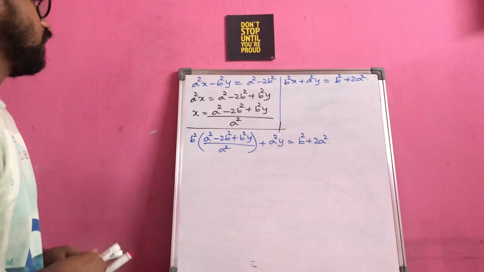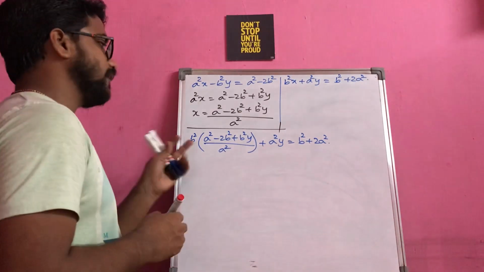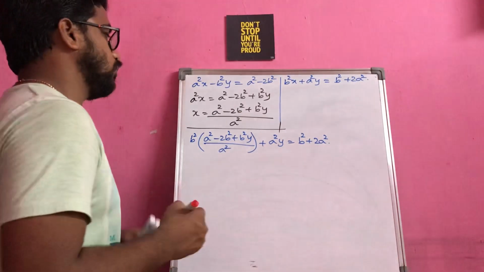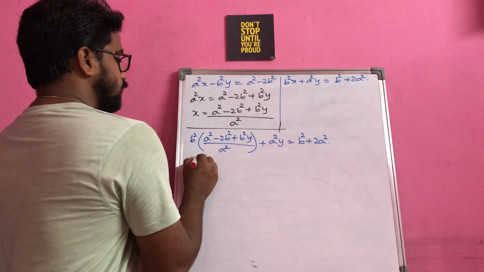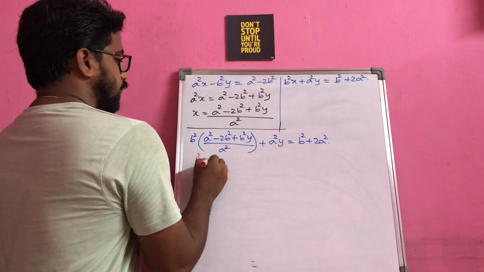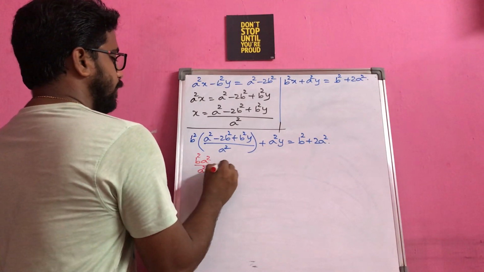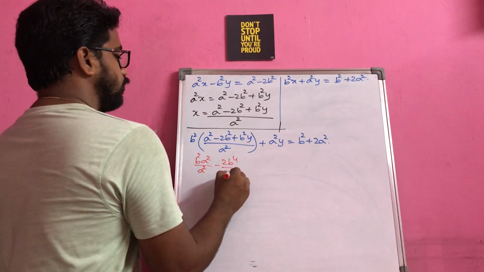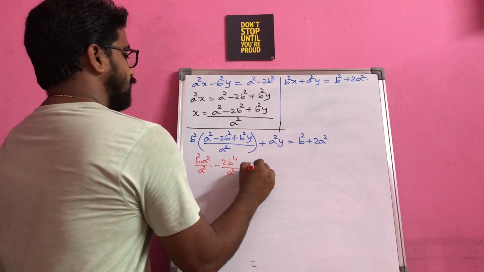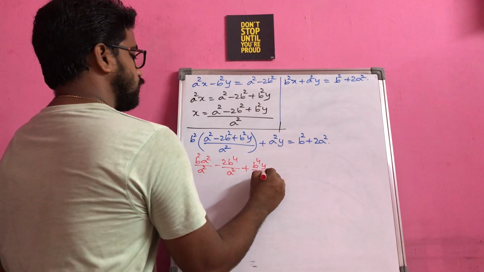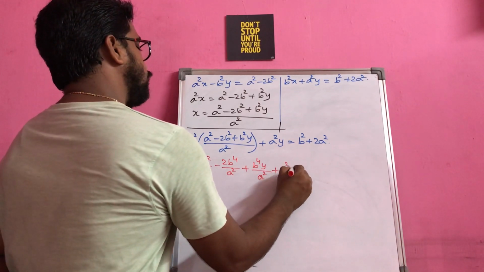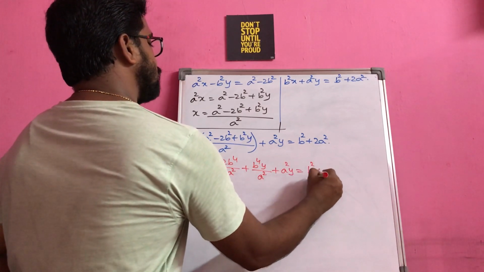Okay. So let us try to simplify this by taking it inside and splitting it, and let us see what we are going to get. So this is b square a square by a square minus 2b power 4 by a square plus b power 4 y by a square plus a square y is equal to b square plus 2a square.